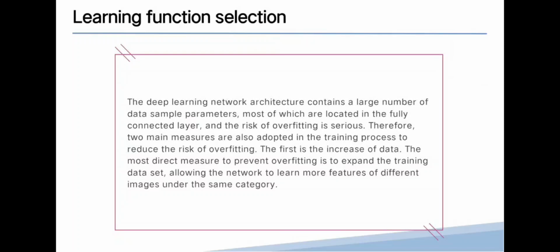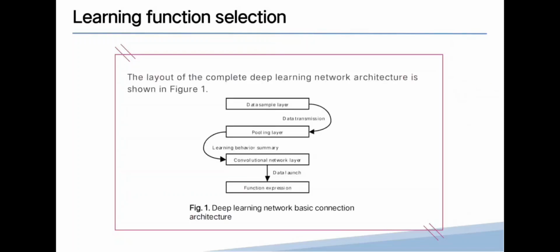Therefore, two main measures are also adopted in the training process to reduce the risk of overfitting. The first is the increase of data. The most direct measure to prevent overfitting is to expand the training data set, allowing the network to learn more features of different images under the same category.